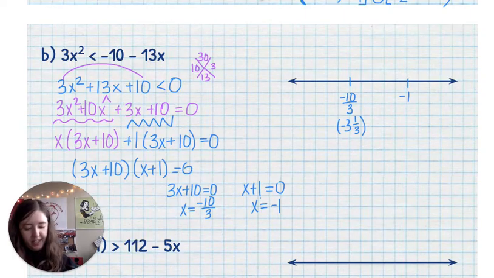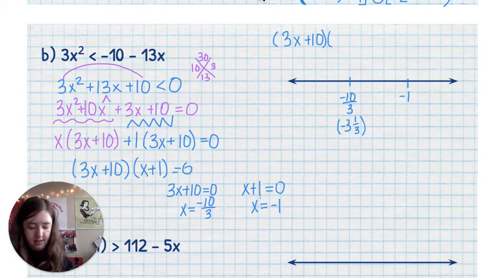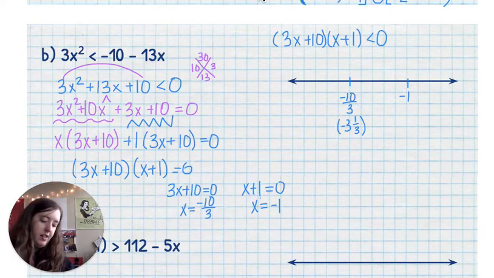I'm going to be plugging stuff in to (3x plus 10)(x plus 1). We want that to be less than 0. Cool.